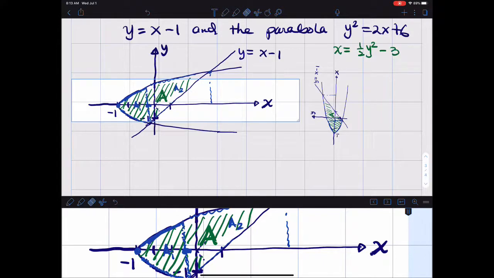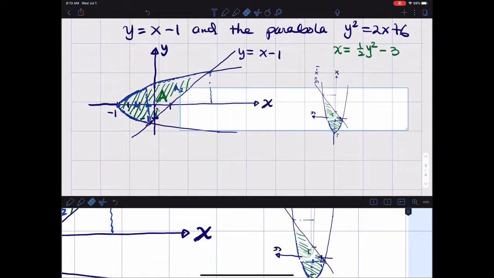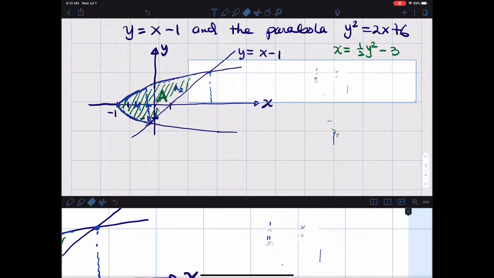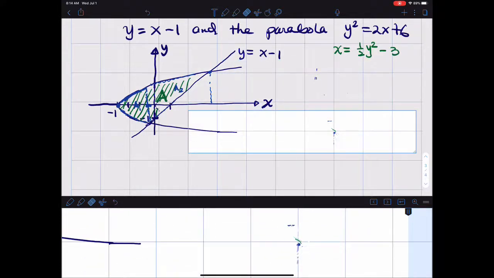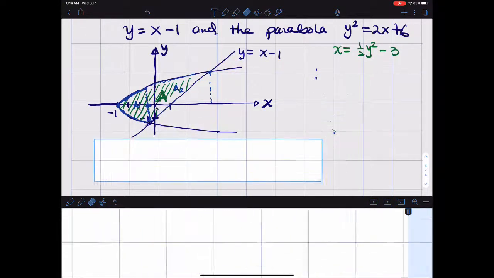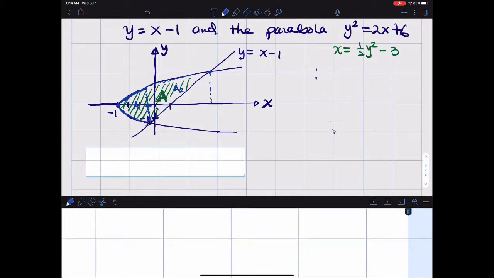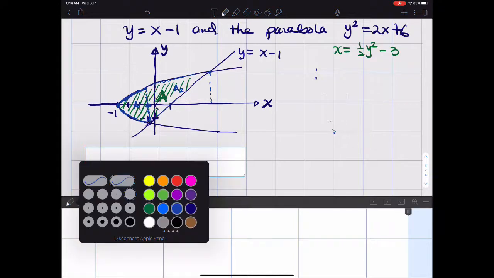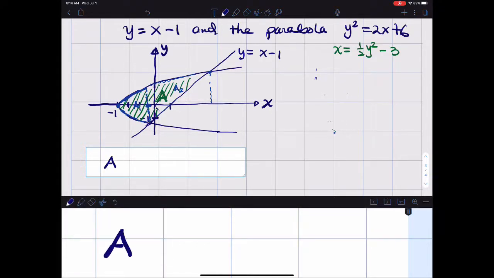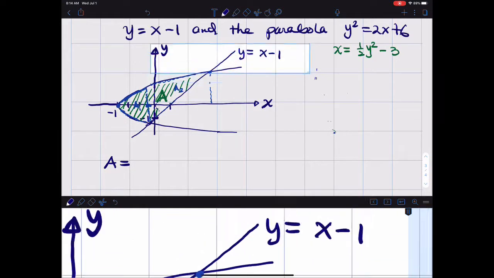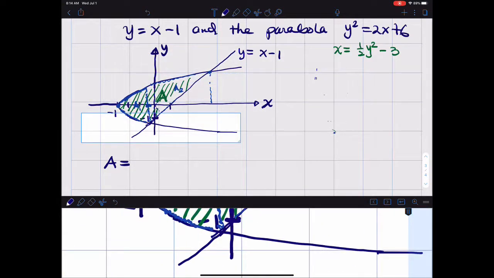So I'm going to delete this. I don't want it to confuse us. So we're going to think of this as our integral A. The top function is y equals x minus 1.